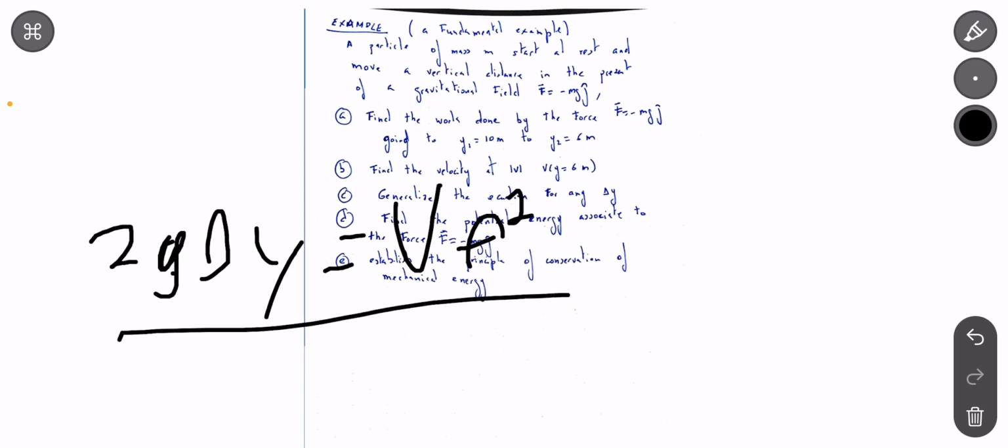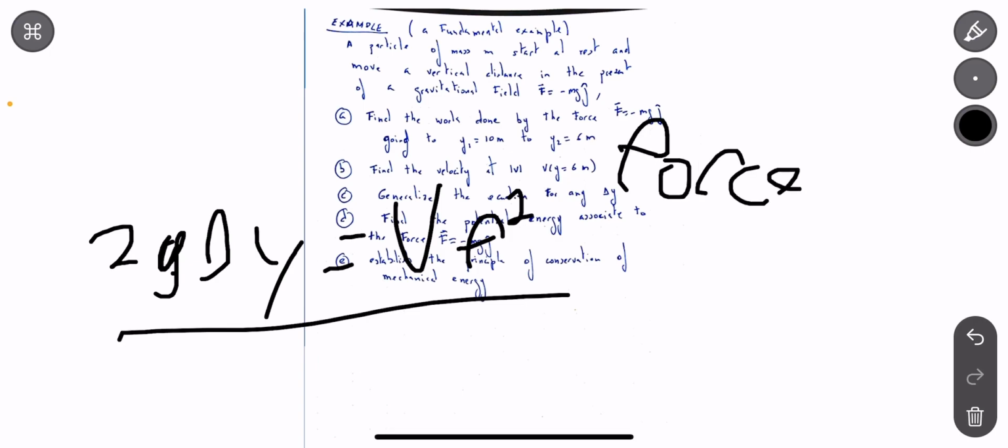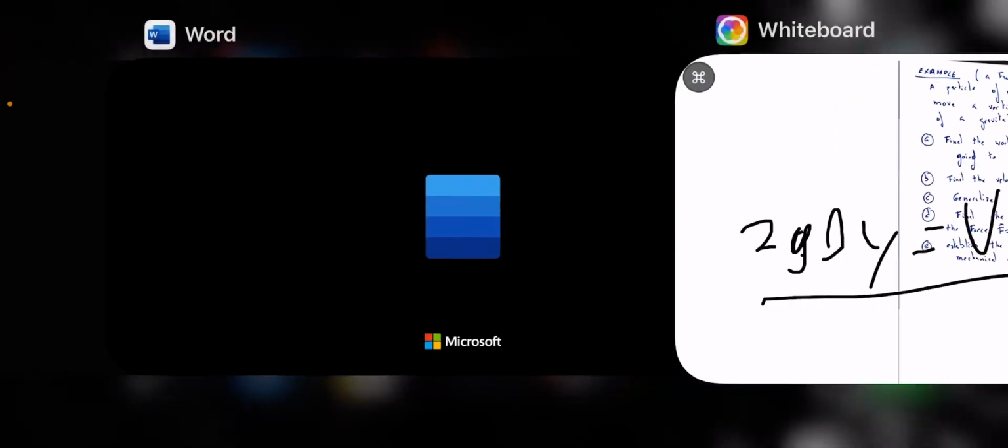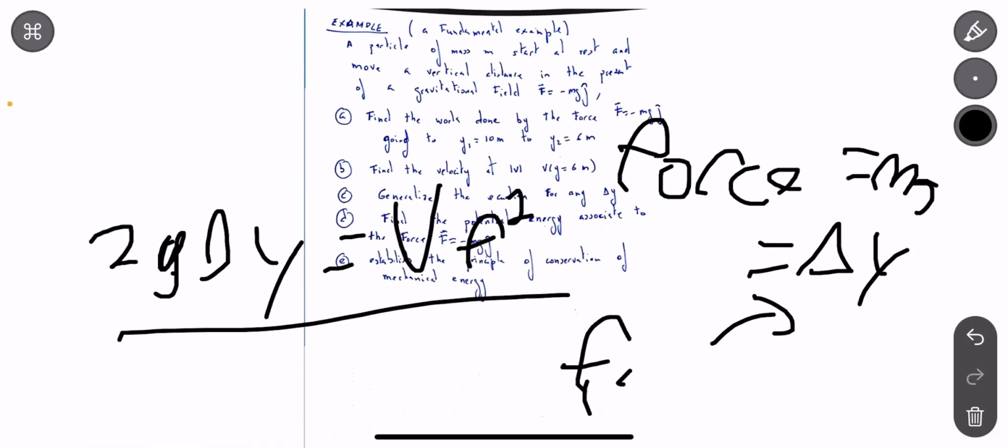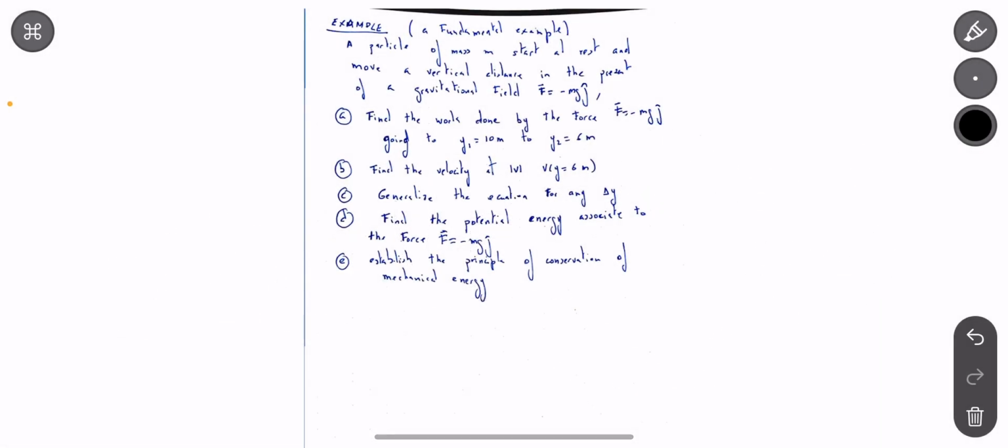If you want me to write it off for you, I could. Force is equal to mg, times y, because this is just force displacement. Okay, nice.